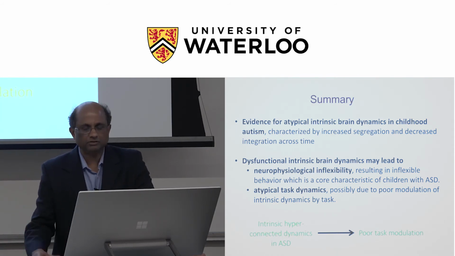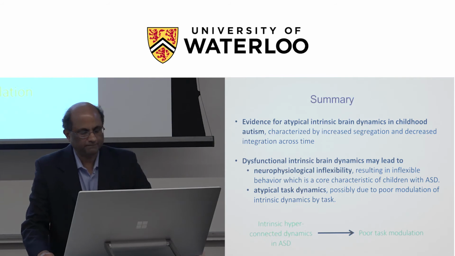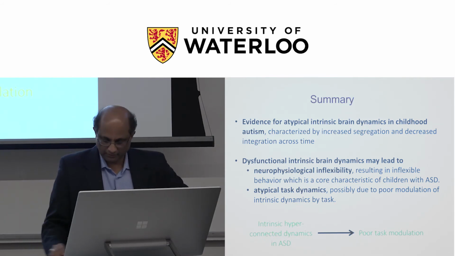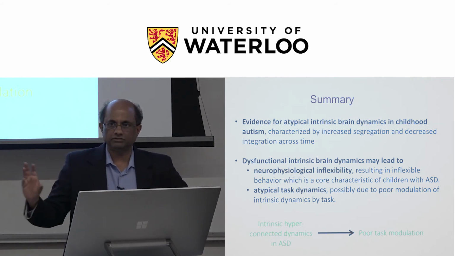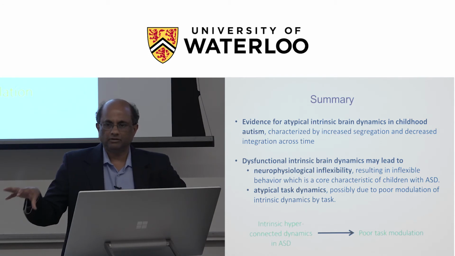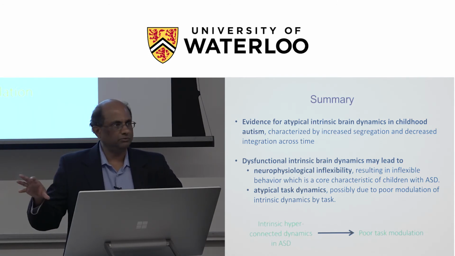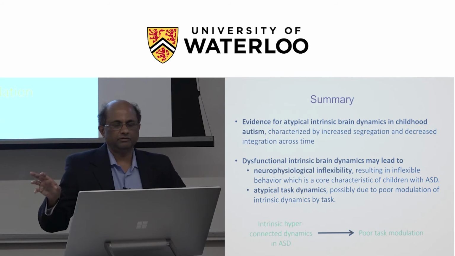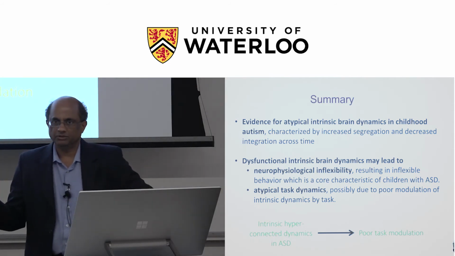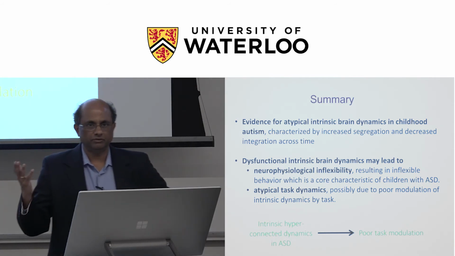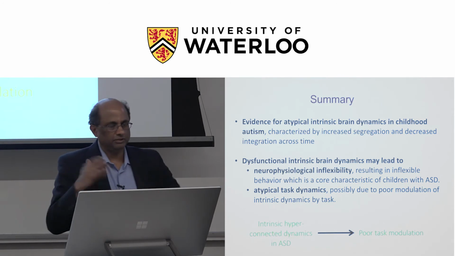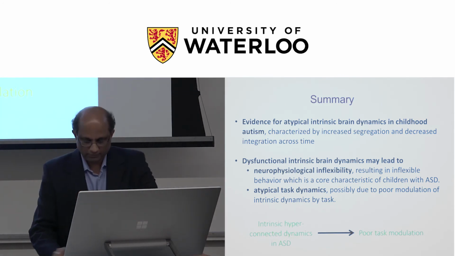And could this be an interesting way of thinking about childhood autism, certainly? And I think it has the potential to now link back to the rodent studies, which people are now doing with different types of genetic manipulations and whole brain recordings. So there's a possibility of bridging this translationally as well.